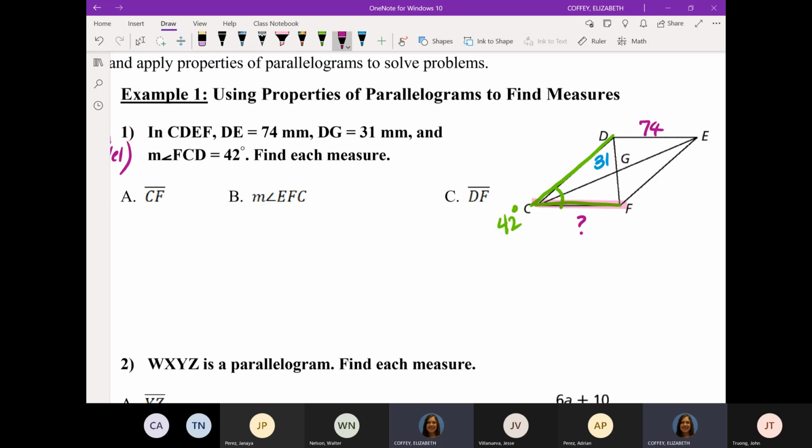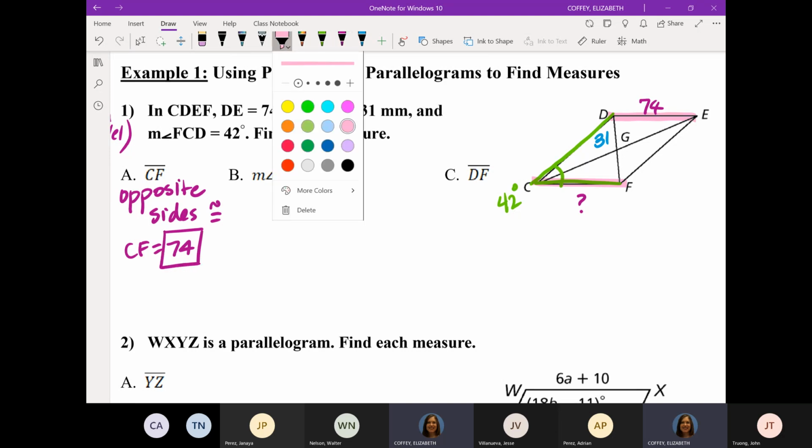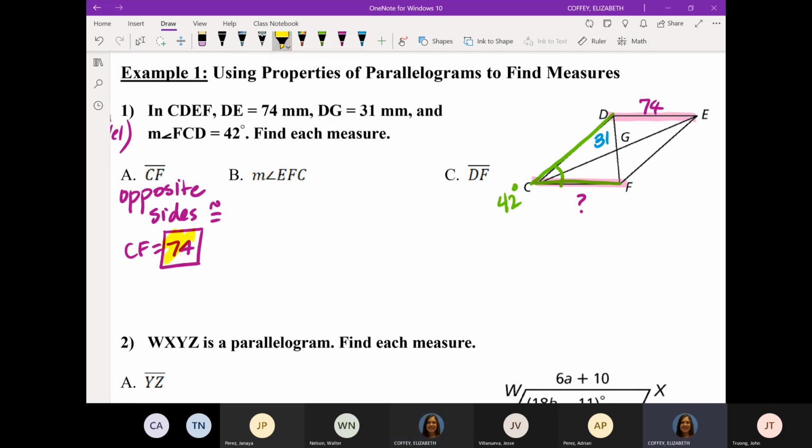So it would be what? How do you know it's 74? Because it is across or opposite. Remember the property, the first one we talked about said opposite sides are equal or congruent. So therefore, CF is 74, same as the one across from it. Opposite sides are equal. Okay, pretty easy there, right?